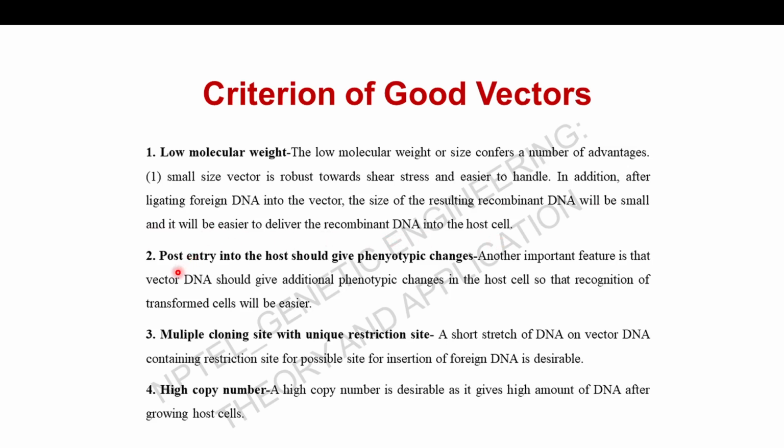Alright. Now, post entry into the host should give phenotypic changes. Another important feature is that the vector DNA should give additional phenotypic changes in the host cell so that the recognition of transformed cells will be easier. Basically, what is being talked about here is a selective stress, like what we were talking about, the antibiotic resistance. Suppose a particular cell A doesn't have resistance to ampicillin.